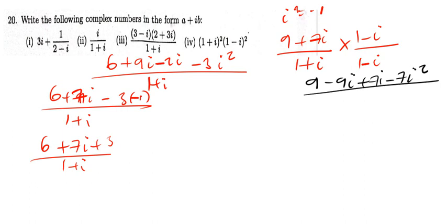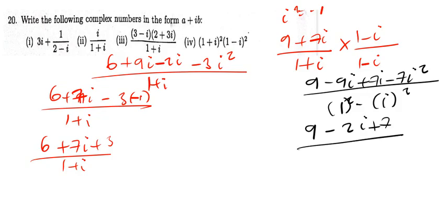If I'm multiplying anything by its conjugate, square this part. So where there's I squared, I'll put negative 1. Negative times this negative will be plus 7. So I have 9, negative 9I plus 7I is negative 2I, then plus 7, divided by 1 minus I squared.